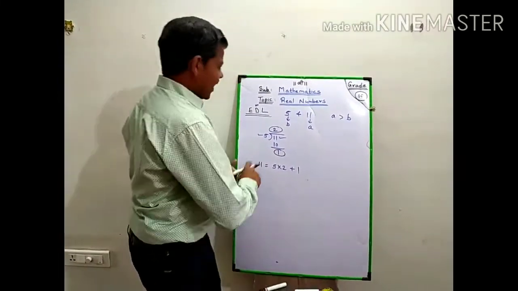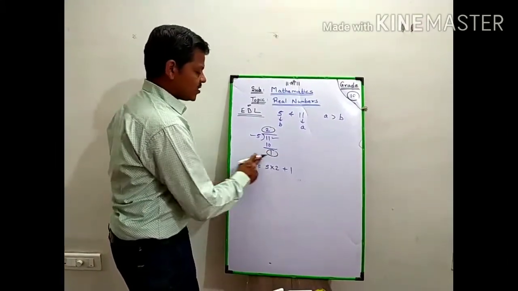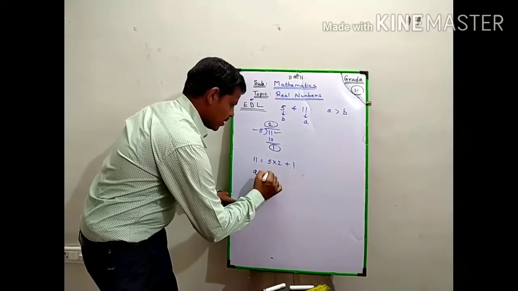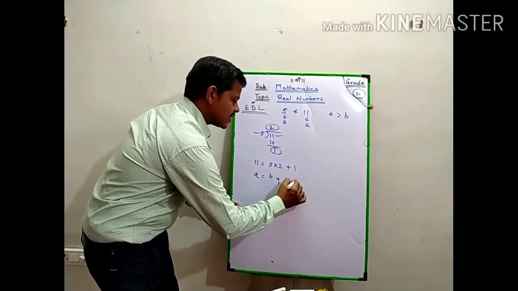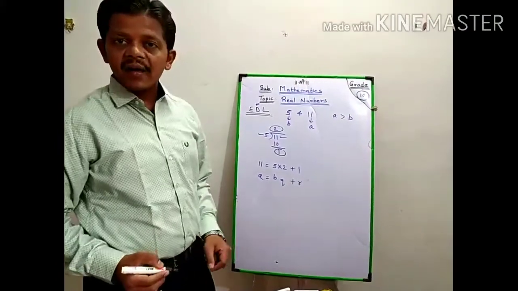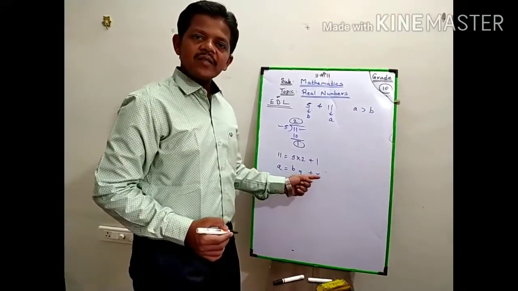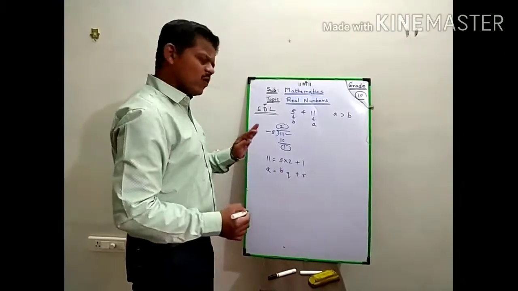Correct? So when a is divided by b, we get q and r, which satisfy the condition a is equal to b into q plus the remainder r. That is, a is equal to bq plus r. That is our Euclid's division lemma, which we already know.